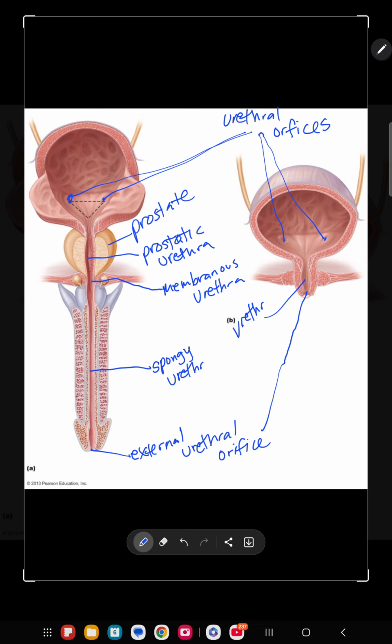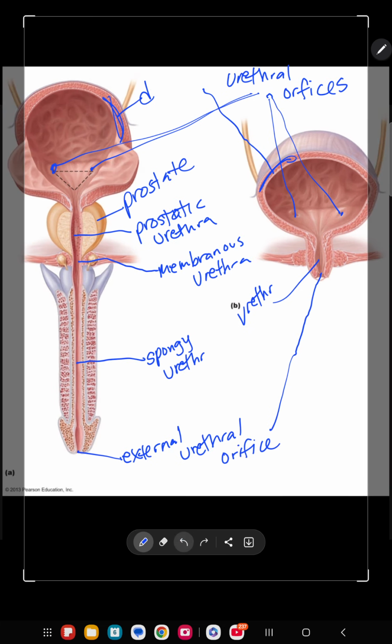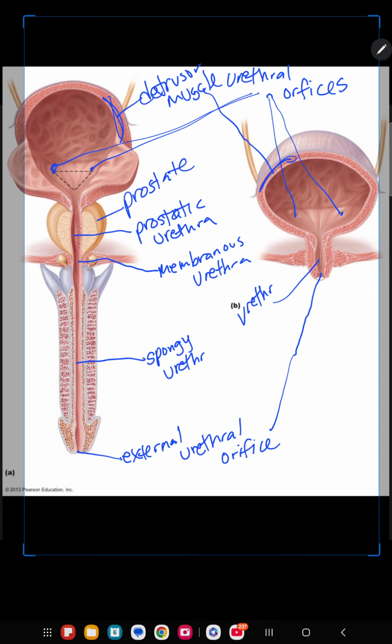And then this muscle is the detrusor muscle of the bladder.